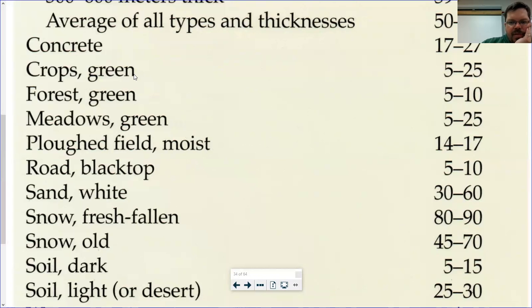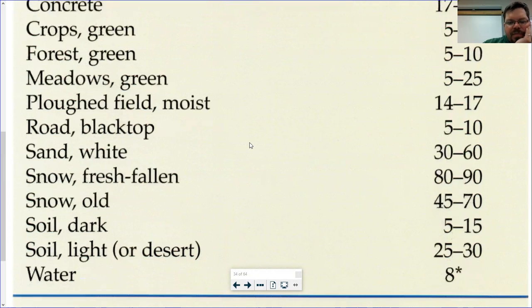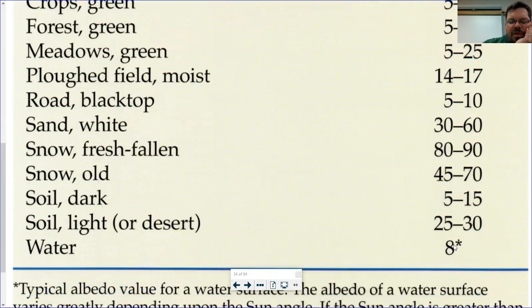We're in the 5 to maybe 30 to maybe upwards of 60%. Water, 8%. Soil, dark soil, 5 to 15%.